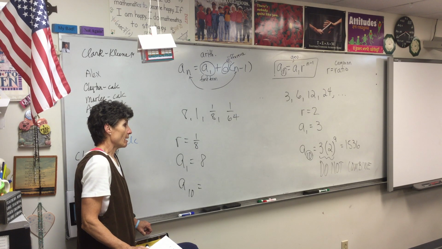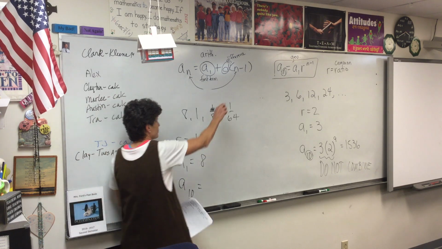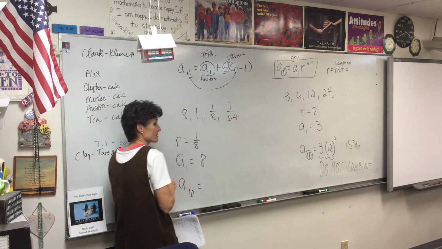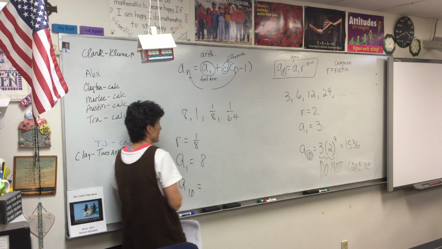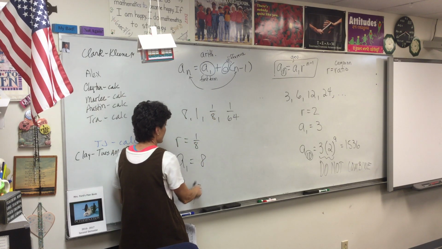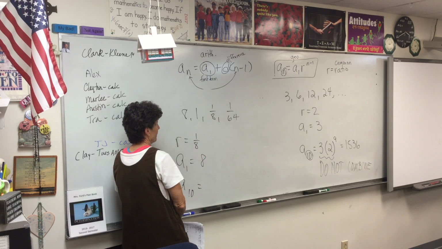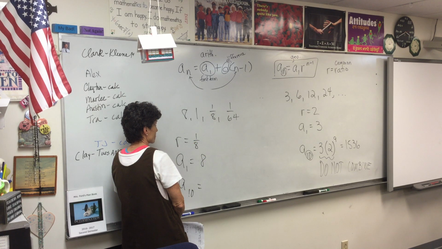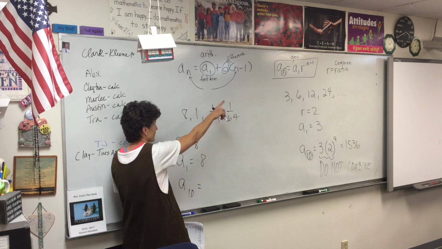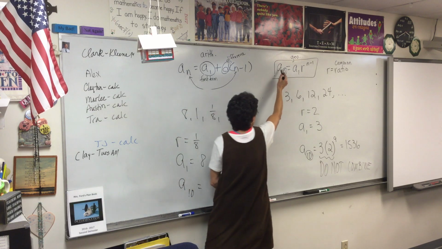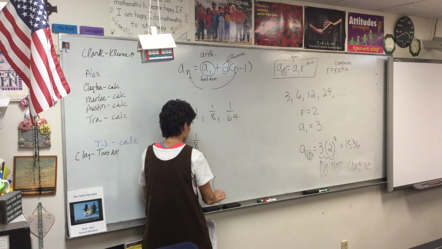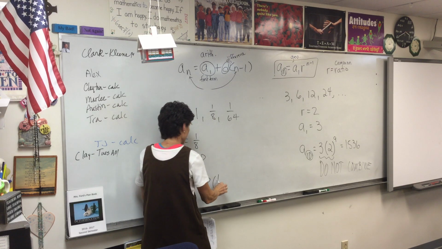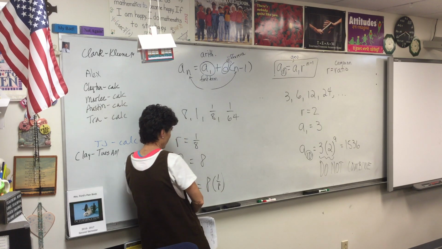Alright? Now, what's the 10th term going to be? We're using that formula right there in the box, because that's my geometric formula. And this is geometric. I'm multiplying by an 8. So a sub 10 will be what, according to the formula? Come on, according to the formula. a sub 10 is going to be what? 8 times 1/8 to what power?